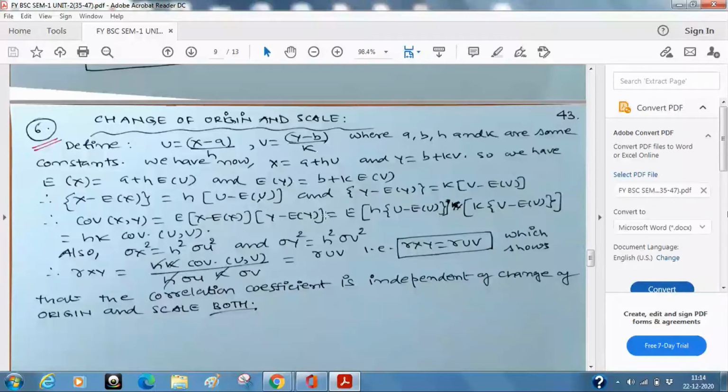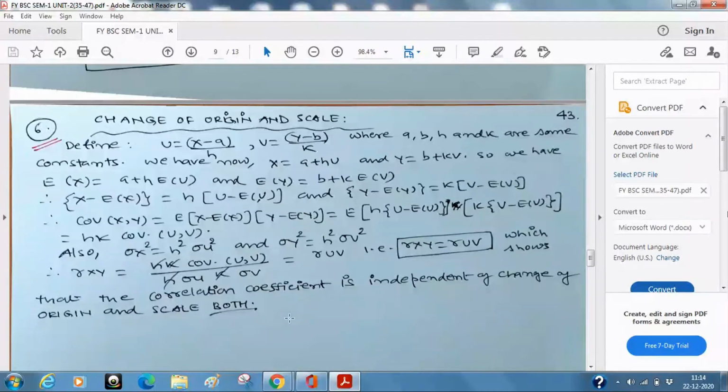When I say very important, it is important from every angle. It is important concept wise, it is important exam wise, whatever you feel. So this is a measure which is independent of change of origin and scale both, and it's a great property.